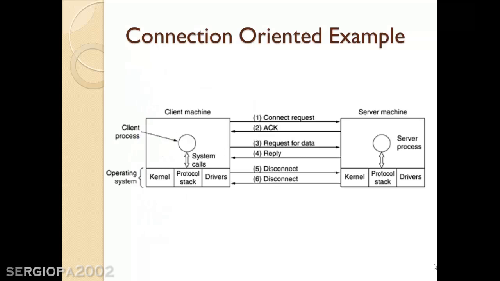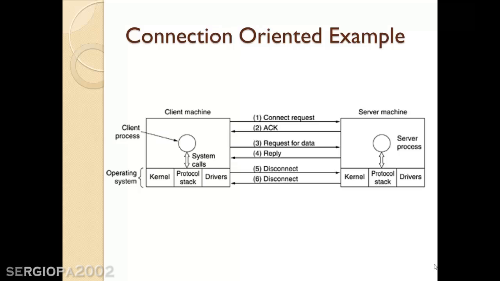Now, this is an example of connection-oriented transmission. You see on the right you have the server machine, and on the left the client machine, and they are exchanging different packages. I call packages data, zeros and ones, grouped in sub-series called packages.